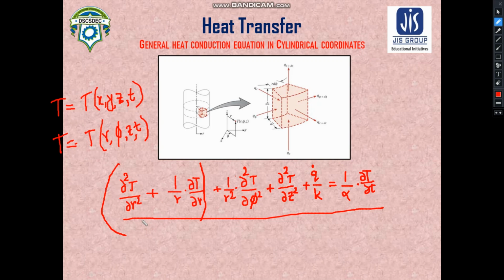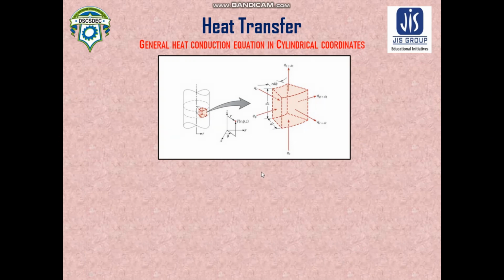So this term refers to the heat transfer in the radial direction for cylindrical objects when we describe the object in the prescribed cylindrical coordinates. So this formula generates like this. Okay, so you must remember this formula, and after we have observed the general heat conduction equation in cylindrical coordinates, let us move on to the next one.